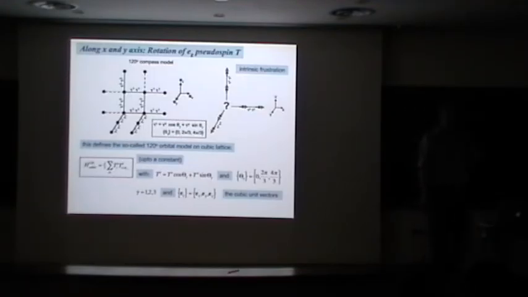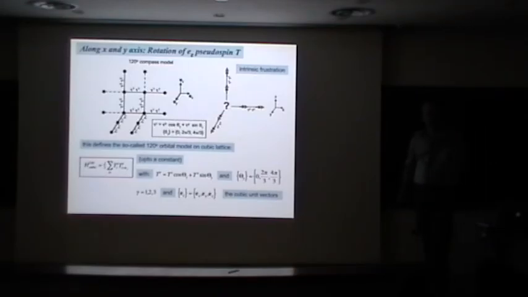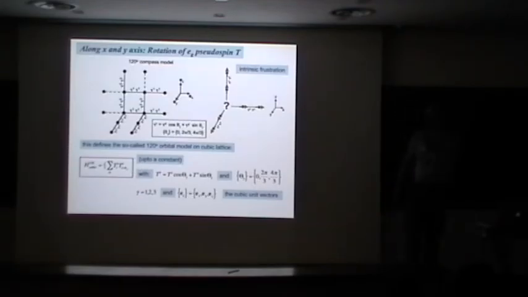But for 4f, I wouldn't put in so much effort because these guys are so localized. There's no direct overlap between 4f and 4f that determines something like superconductivity. It's much more what Matthias has shown. You're dealing with quantum lattice models plus spin degrees of freedom. So that's a kind of different problem.